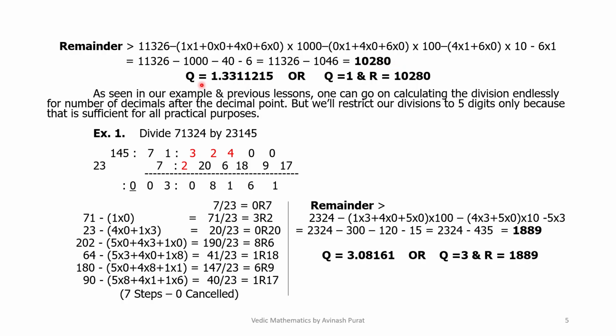So Q equal to 1.3311215, or Q equal to 1, and remainder is 10,280.